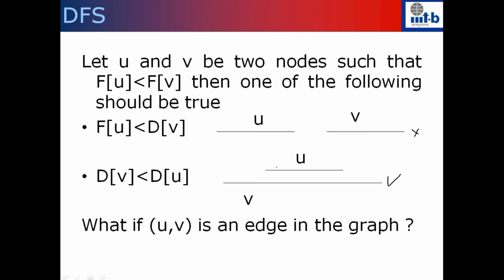If you push v, then you have to pop v out. If you end up popping v out, then the finish time of v is going to be smaller than the finish time of u, right? So this is not possible. If there is an edge from u to v, you started discovering u, and before you finish u, you should finish v.